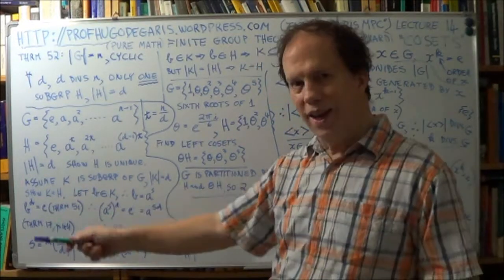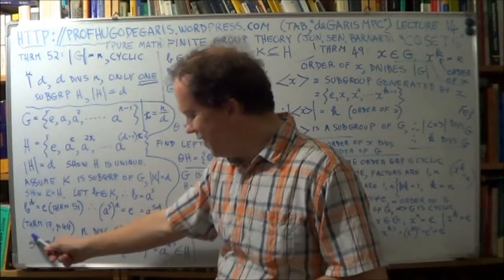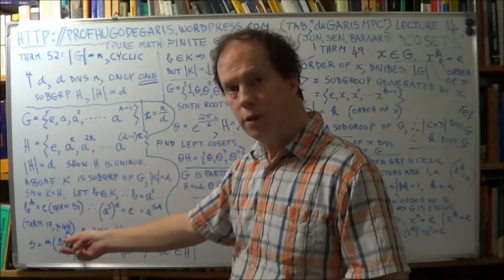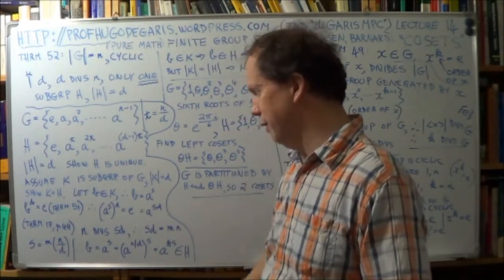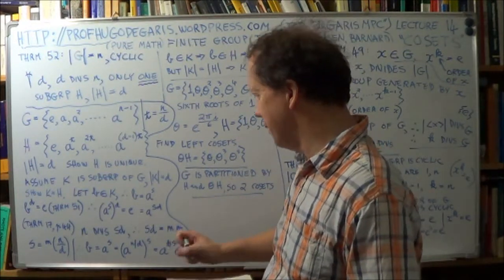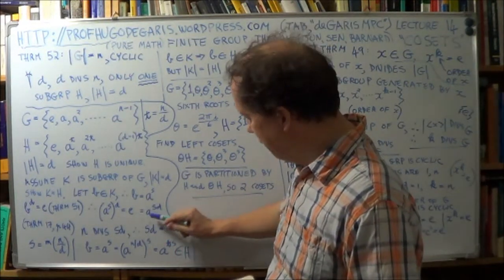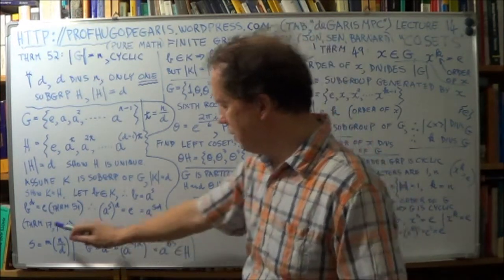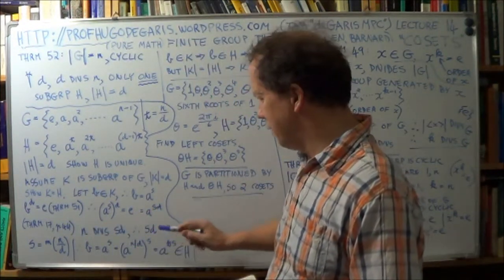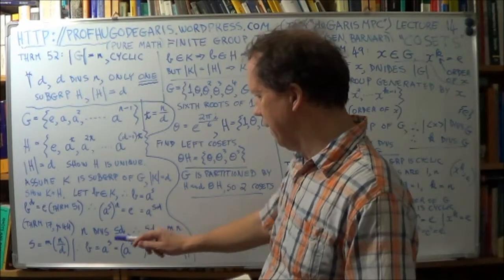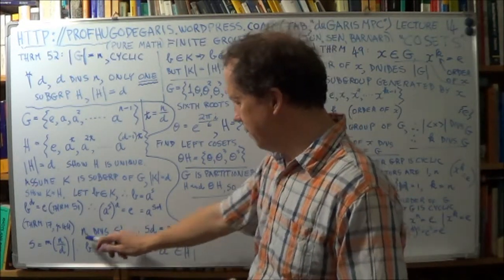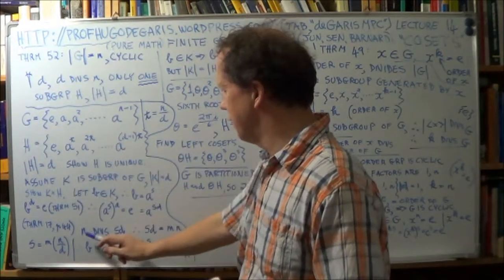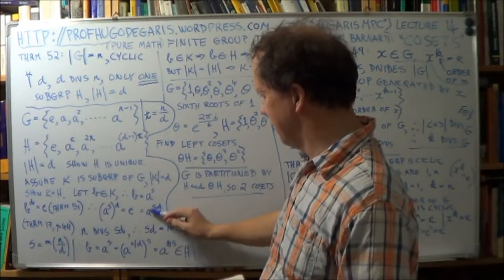Now I go way back, theorem 17, long time ago. It's on page 44 of the textbook, if you have it. There's a theorem that says if A to some power equals E, then the order of your group divides this power.